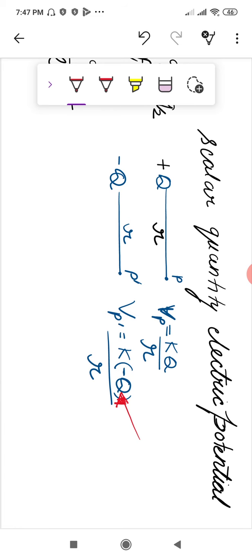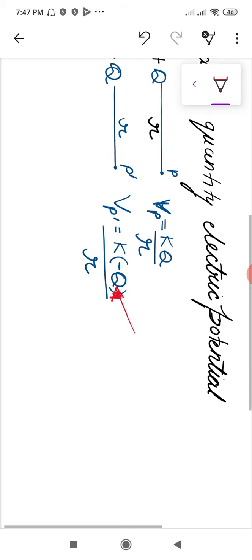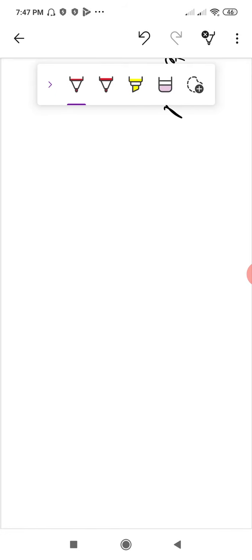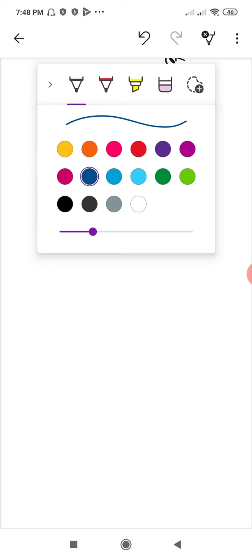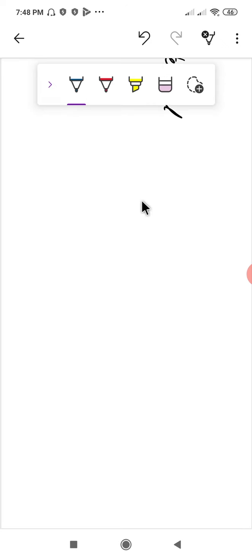Take another example, electric potential energy. Electric potential energy is also a scalar quantity.